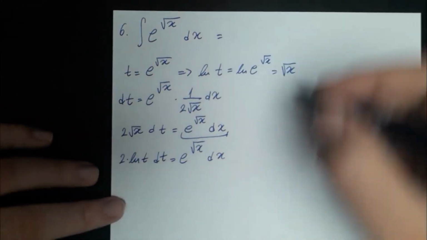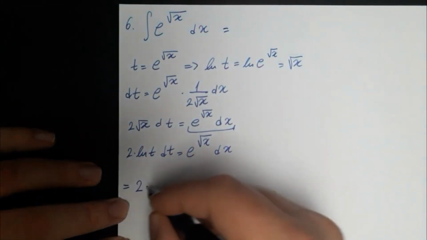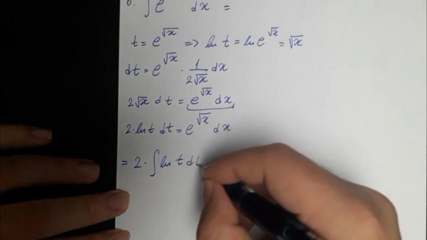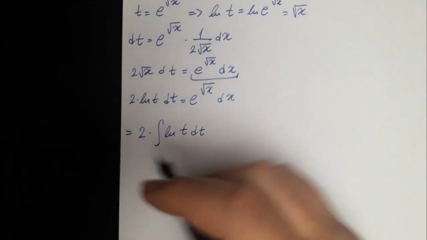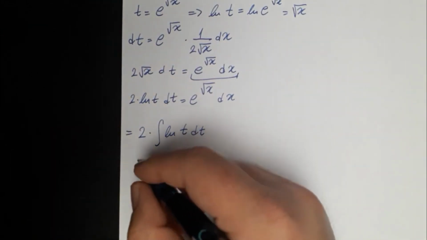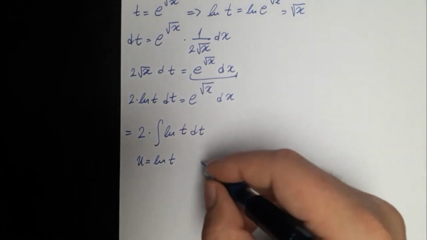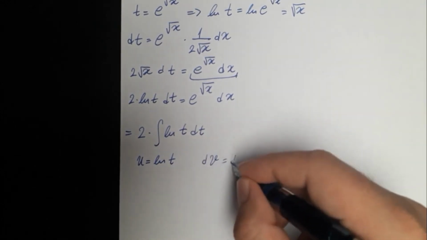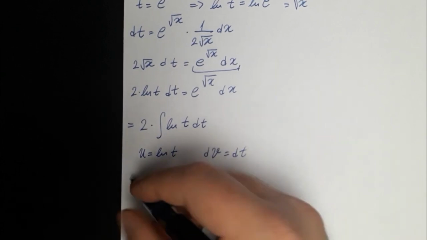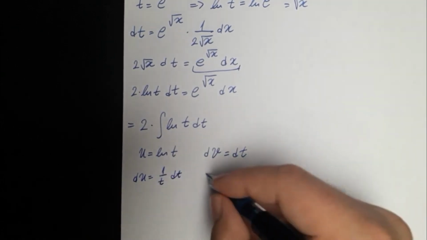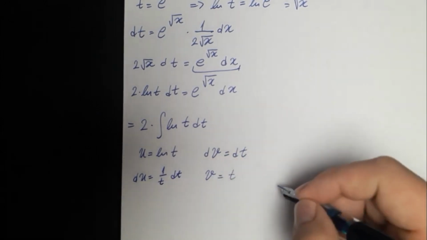Now our integral becomes 2 times an integral of ln t dt. Now we can use the method of partial integration. We are going to say that u is equal to ln t and that dv is equal to dt. Well, then du is 1 divided by t dt and v is equal to t.